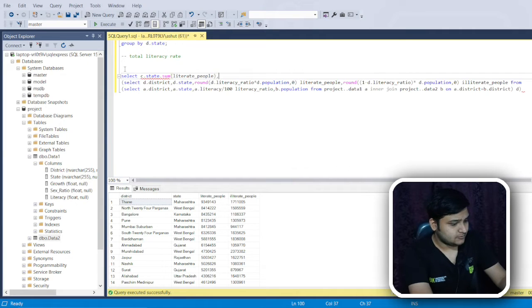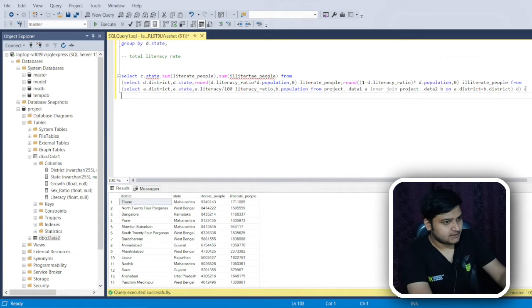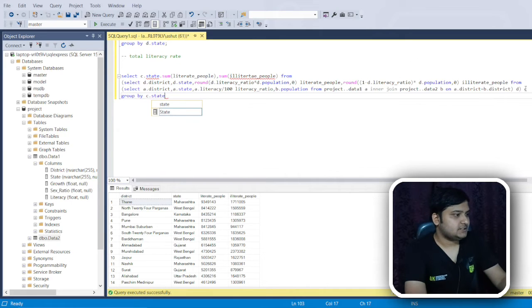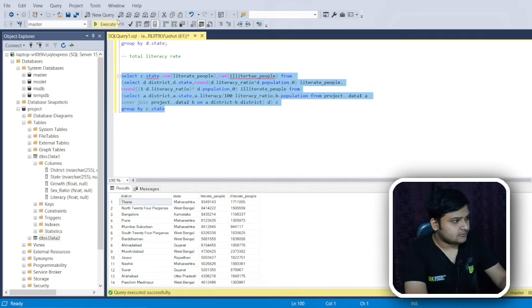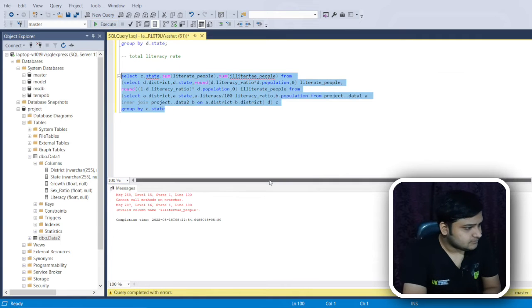Similarly, I would sum over the total number of illiterate people from, and I'll provide an alias here, and I'll use the group by function to group this on c.state. Just run the query now, execute the query.